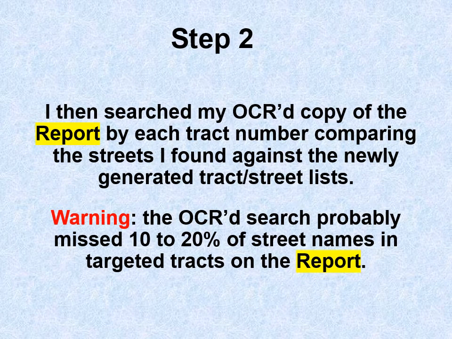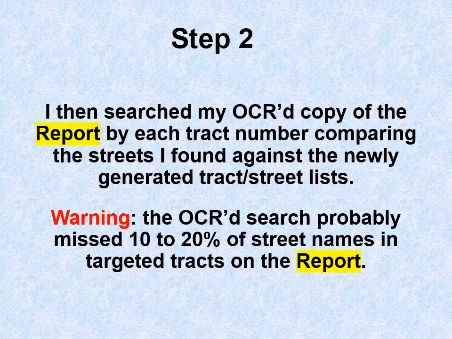Step two, I then searched my OCR copy, optical character recognition copy of the report by each tract number, comparing the streets I found against the newly generated tract street lists. So I'm comparing the name in their tract versus the name in our tract. And my warning is that it seemed to me that the OCR search probably missed 10 to 20% of street names in targeted tracts on the report.